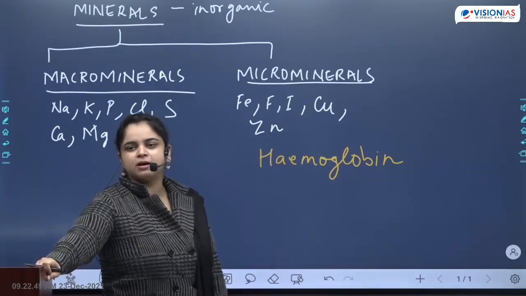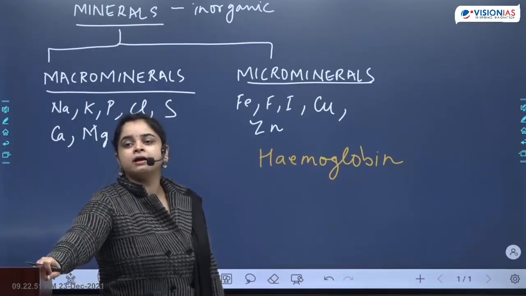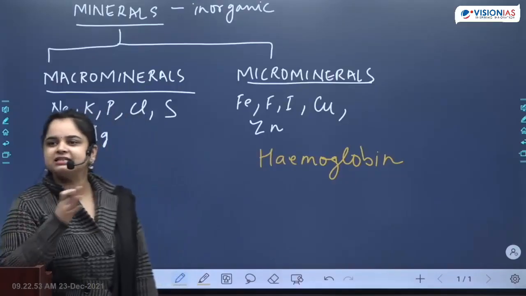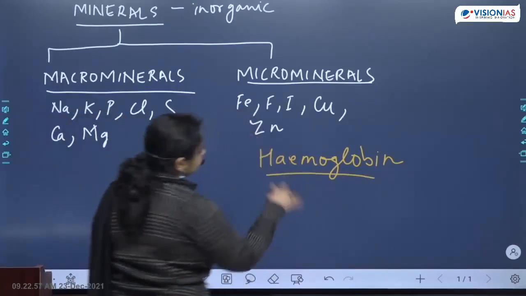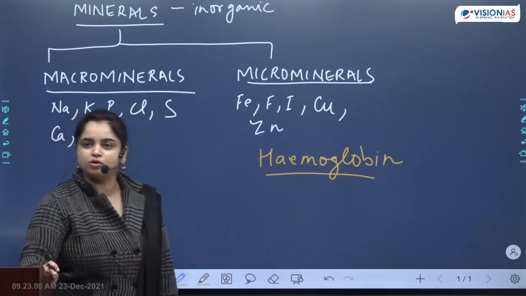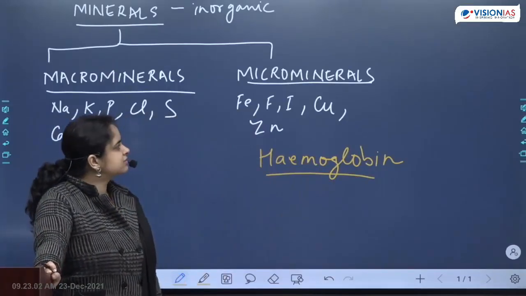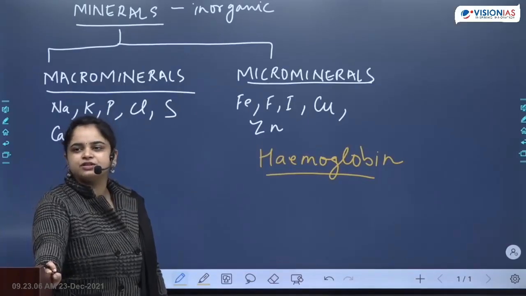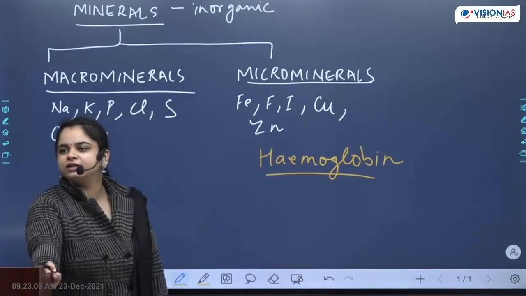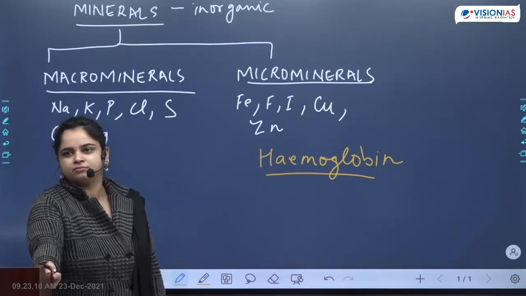B12, cyanocobalamin, that was needed for making hemoglobin, and the structure of hemoglobin has iron in it, so that means iron's deficiency will also lead to anemia.